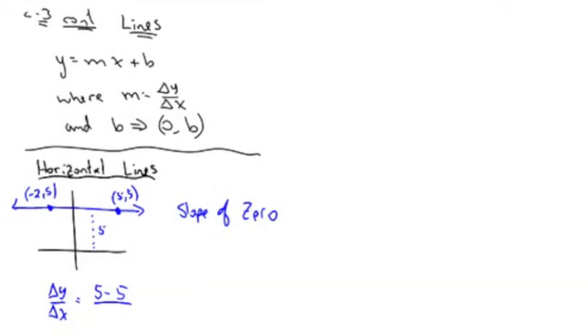Keep your focus on first coordinates or second coordinates, the x's or the y's, because I've seen people do x to y and y to x. Really bad. So 5 minus a -2. So this becomes 0 over 7 in this case, and the slope is 0. It means you're not going up, you're not going down, you're just flatlined.